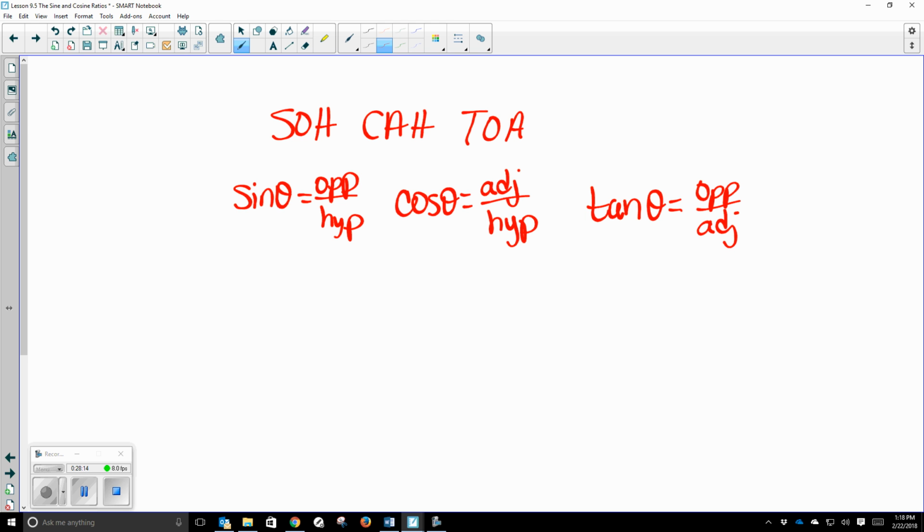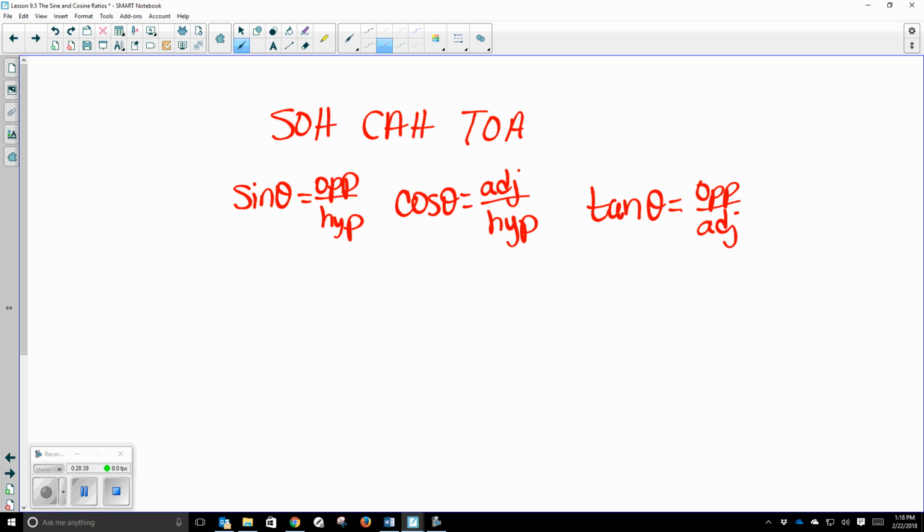So when you ask, what is sine? Some old hippie. What is cosine? Call another hippie. What is tangent? Tripping on apples. Whatever helps you to remember it. So maybe that will help you.